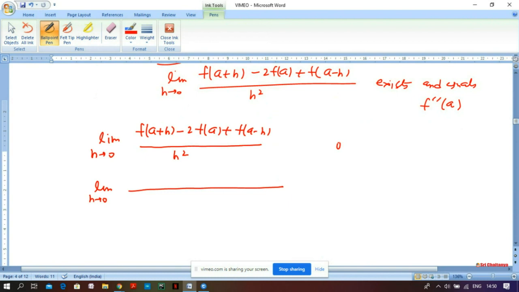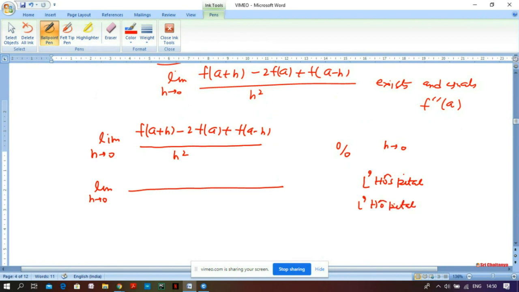So this form is 0 over 0, because when h tends to 0, the numerator tends to 0 and the denominator also tends to 0. So we can apply something that is called L'Hopital rule. It is written like this, or more correctly, there is no s over here.